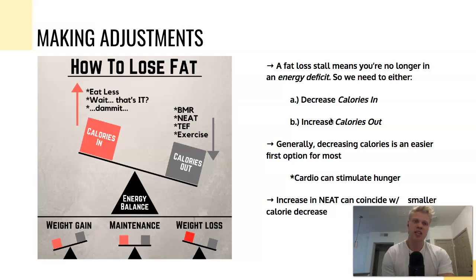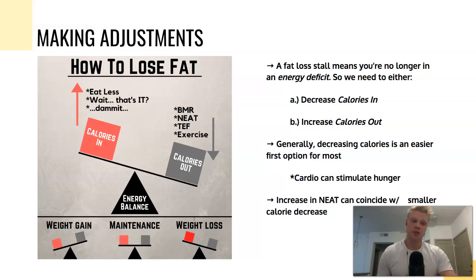Now, generally, decreasing calories in is going to be an easier option for most. Cardio can stimulate your hunger a bit, so if you really ramp up cardio, for most people that's just not maintainable. Once we get past a couple of cardio sessions per week, we can't just continuously ramp up cardio, and you don't burn that many calories in a cardio session. So for most people, this first adjustment especially is just a slight decrease in calories.